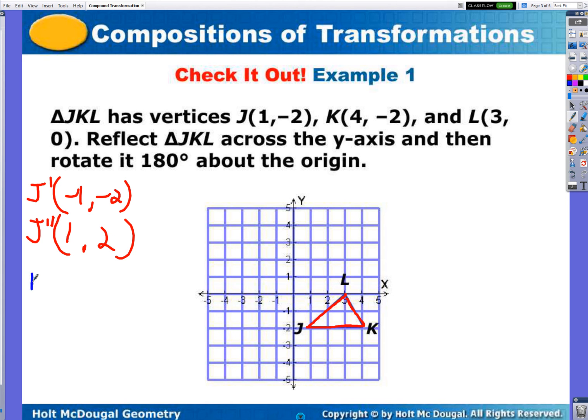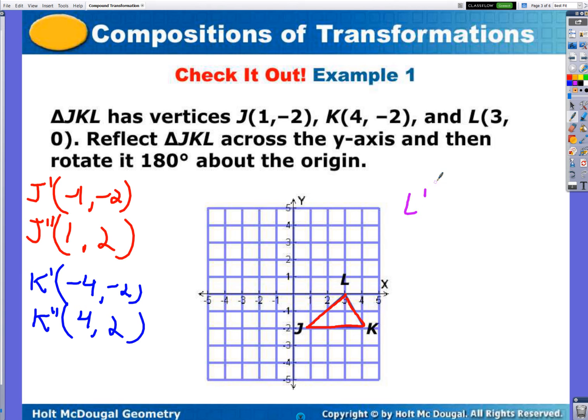Okay, K prime. Change the sign of the x first, so -4, -2, and then for the 180 rotation, what do we end up with? Just 4, 2.